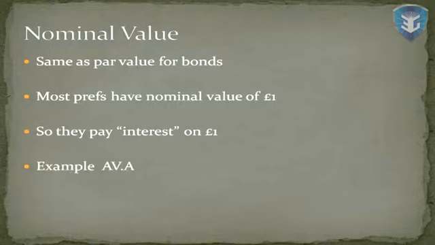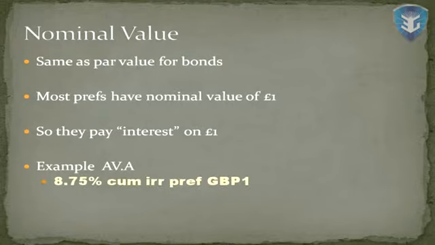So just start with an example. If you look at the Aviva shares I mentioned earlier, it says 8.75. Remember, this is cumulative, so they can't miss dividends. If they do, they owe you. The IRR is irredeemable preference shares, and the nominal value is £1. Right? And they trade at £1.15, but they're only paying 8.75 pence.